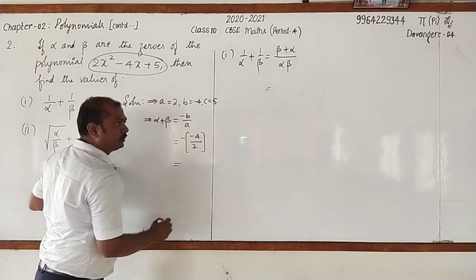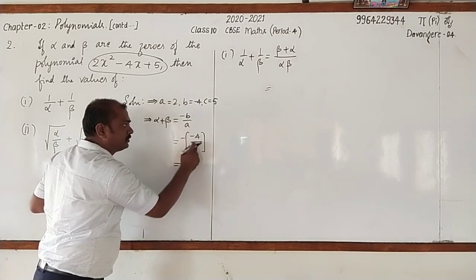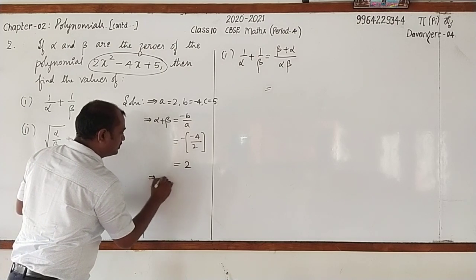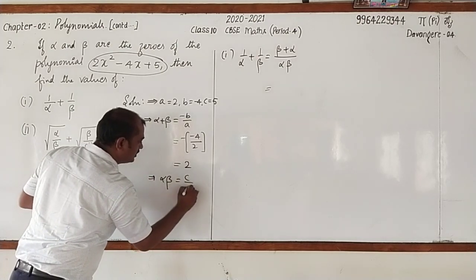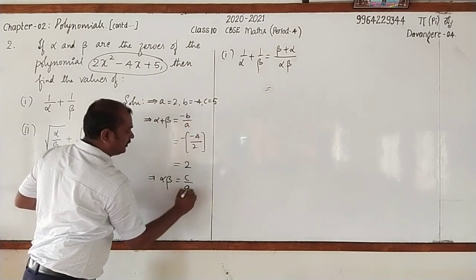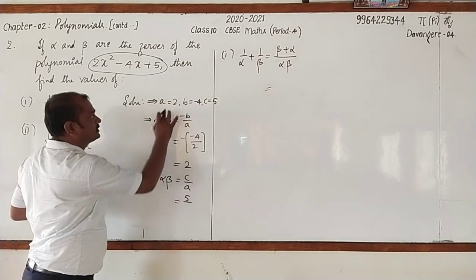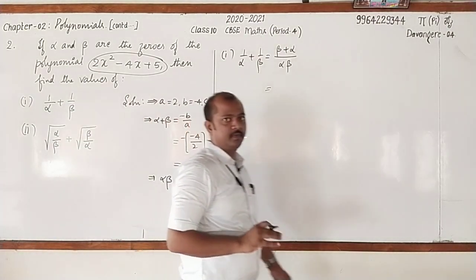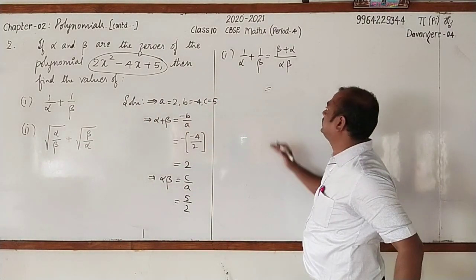It is equal to minus into minus plus. 2 ones are 2, 2 2s are. Alpha plus beta is 2. Next, alpha into beta is c by a, where c is 5 and a is 2. Alpha beta is 5 by 2. Clear?